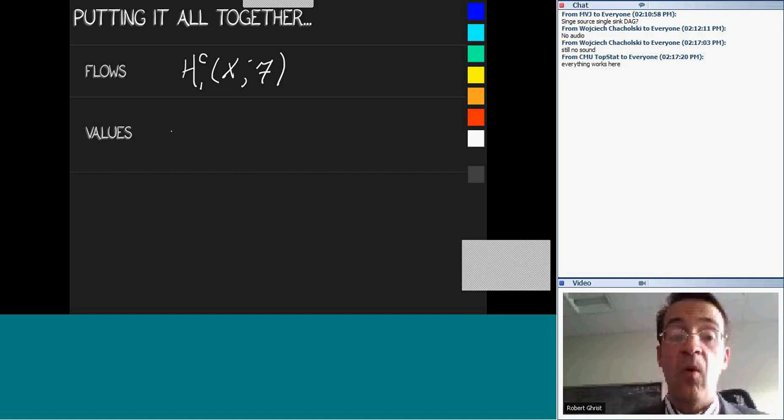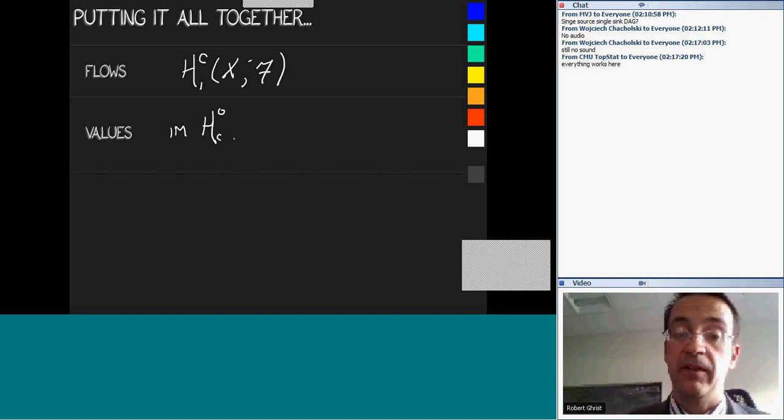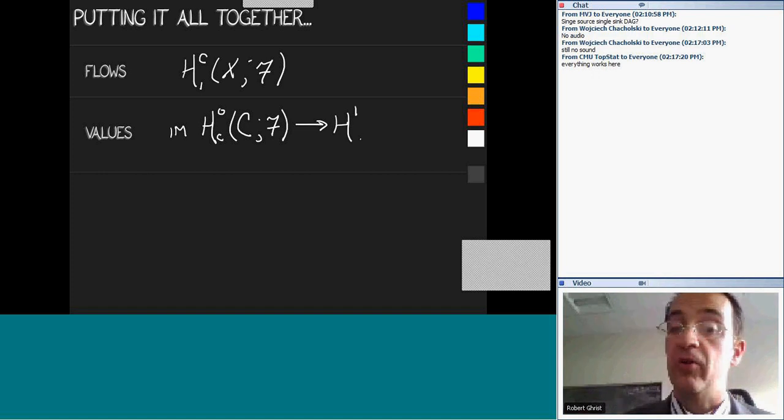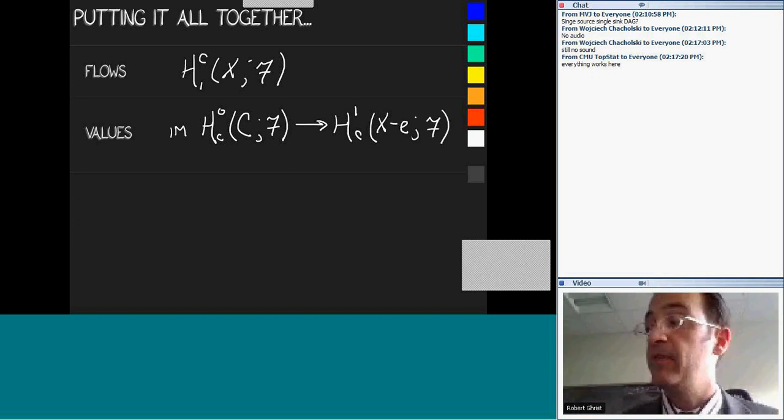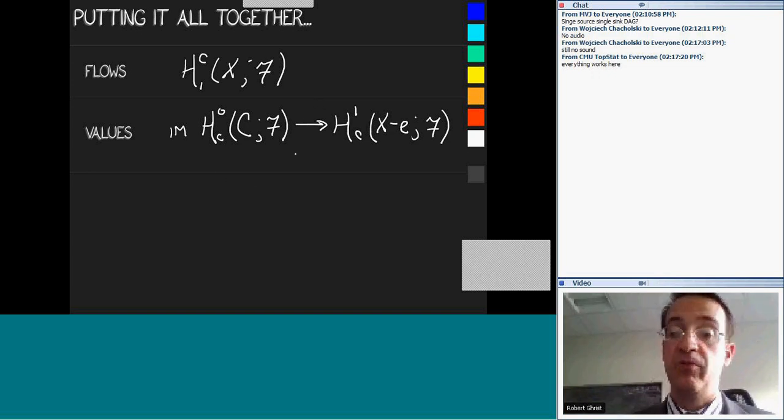The values wind up being the image of H0 supported on a cut in the sheaf, in H upper 1 compactly supported of the complement of your feedback edge. The map is induced by the connecting homomorphism and the inclusion map of C into X.